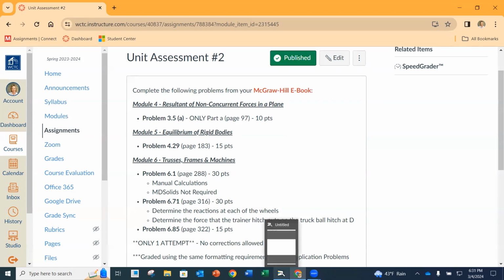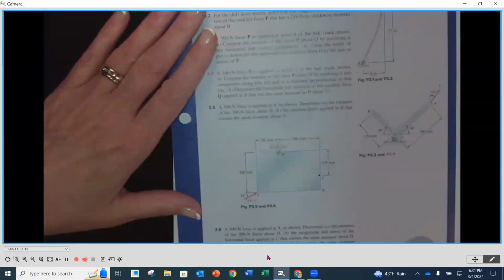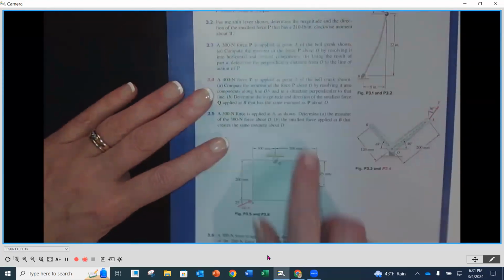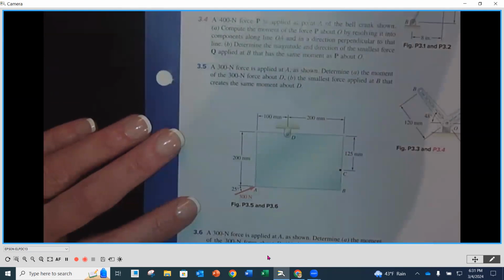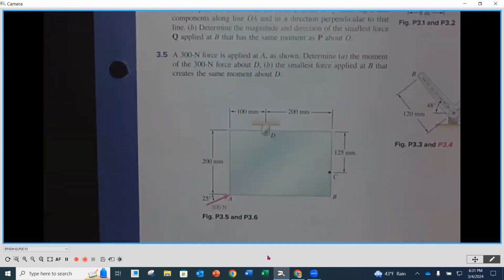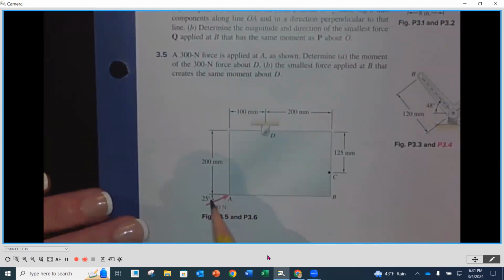I'm going to go underneath my camera here, and I have page 97 in the problems. This is problem number 5, so I'm going to zoom in. It says we have a 300 Newton force acting at a 25-degree angle, as shown.